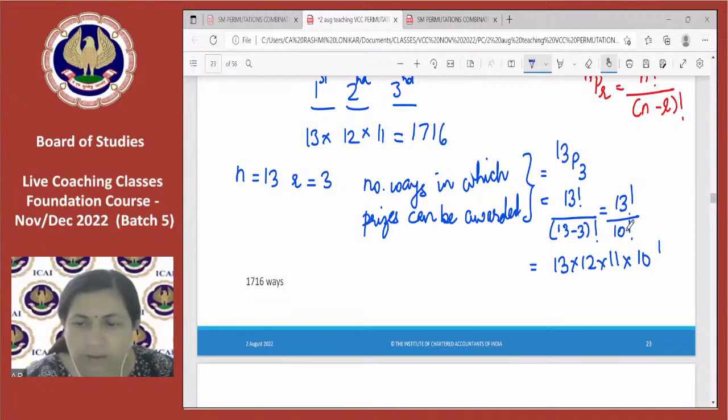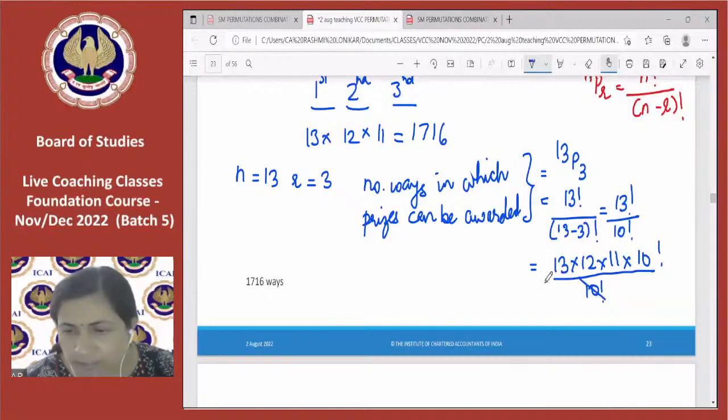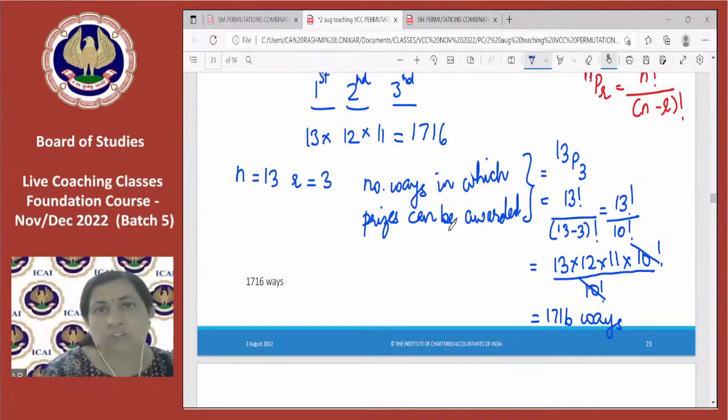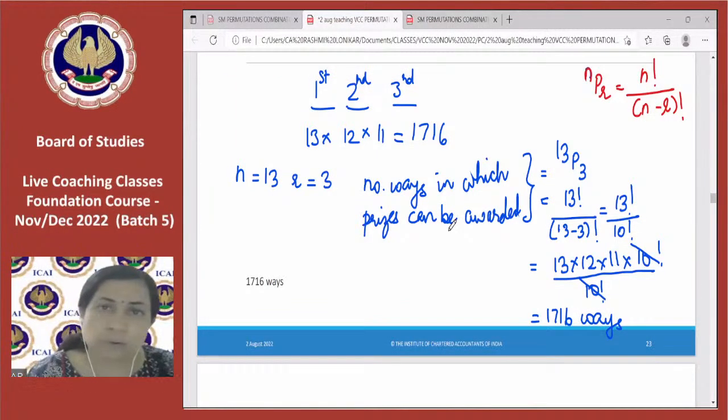From 13, I will go up to 10. So, 13 into 12 into 11 into 10 factorial upon 10 factorial. This 10 factorial will cancel with this. We have 13 into 12 into 11, which is 1716 ways. So, the number of ways in which 3 prizes can be distributed amongst 13 participants is 1716 ways.